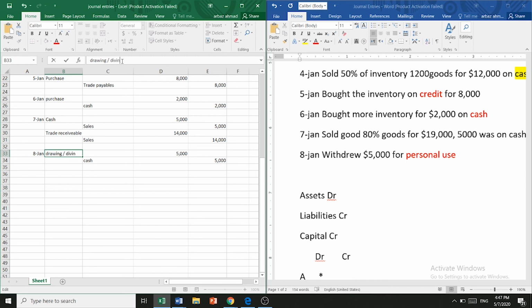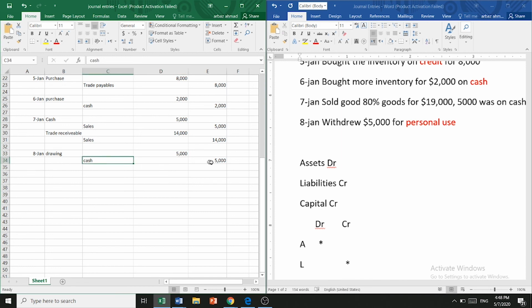But in this case he is taking out drawings, so we don't have to mention this, we can just delete it and let it be drawings. So drawings are debit and cash is credit. Why is cash credit? Because cash is reducing. The business is giving the cash to the owner and the owner is receiving the cash.